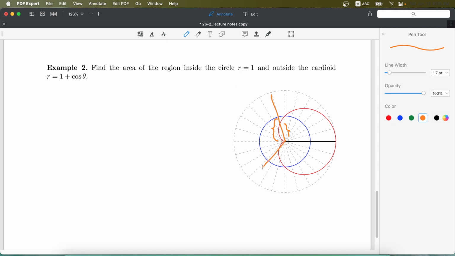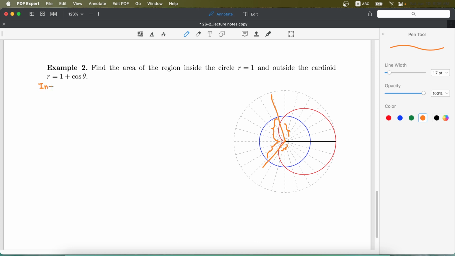So draw any ray, and this radius will be greater than this radius. So that means in our region of interest, this circle has a larger radius, and this cardioid has a smaller radius. You don't have to write it down, but I want you to know what's going on right here.